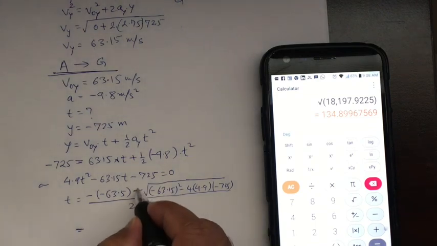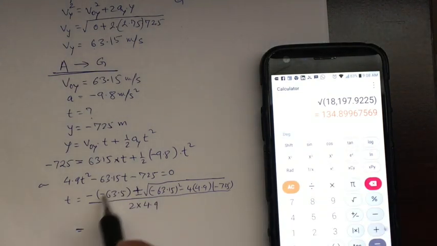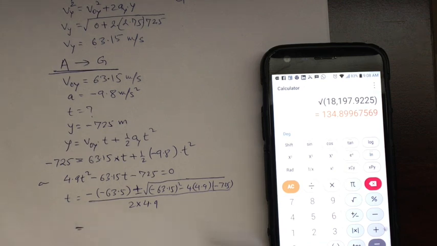Now you have plus and minus. If this is minus, your time will be negative, right? So that you discard. I explained in class why time can come out negative, but here we take only the positive sign, so we'll discard the negative sign.